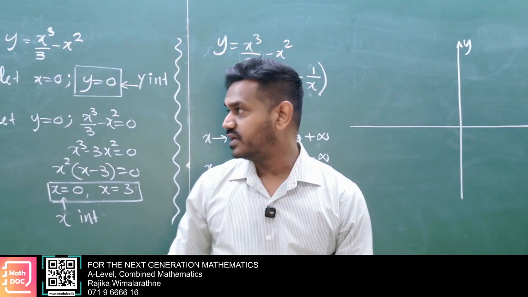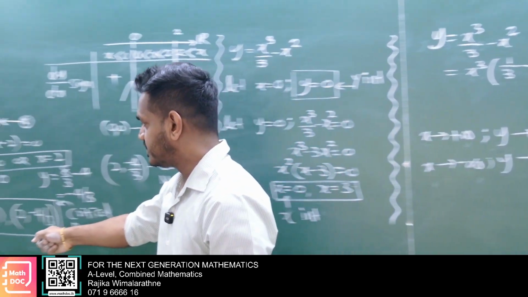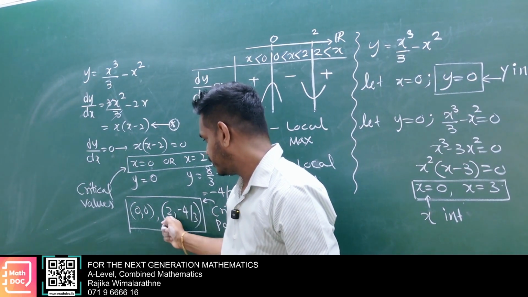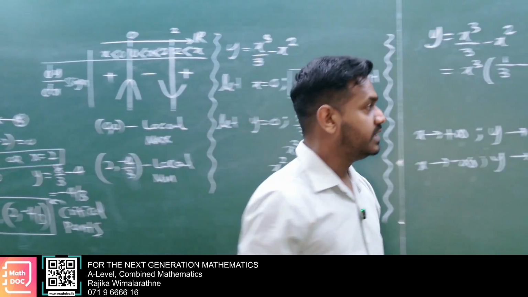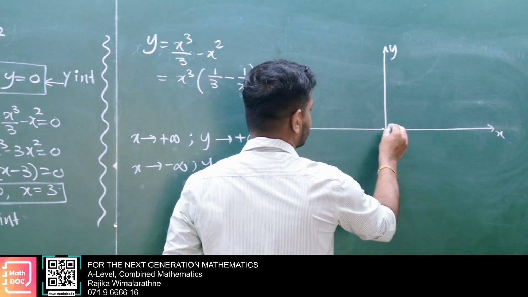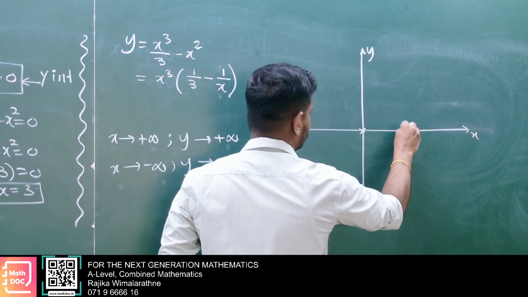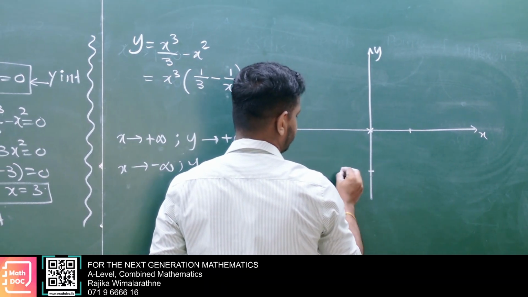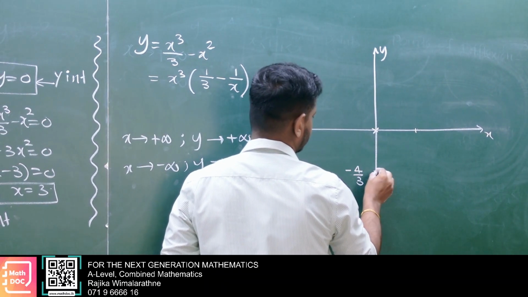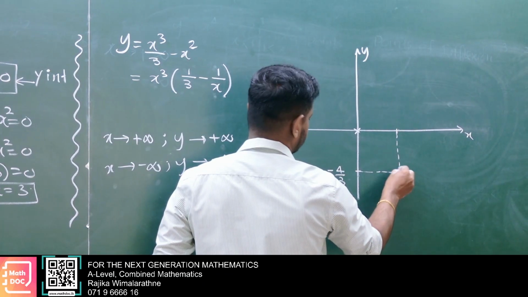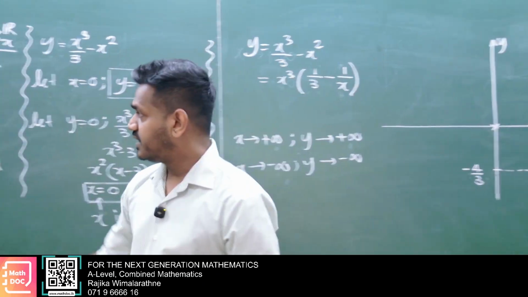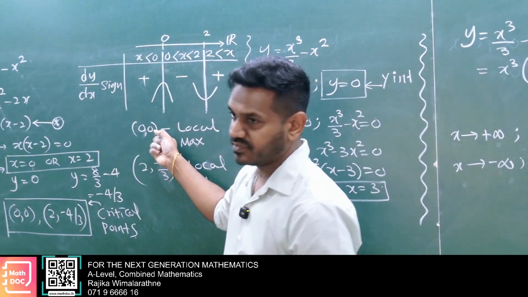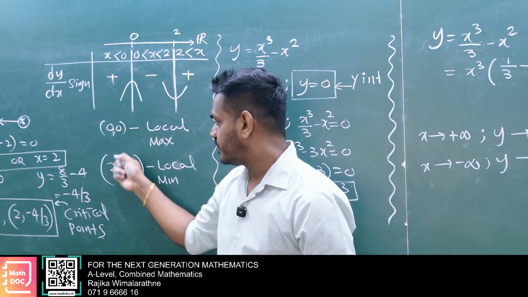First you mark the critical points. Take these 2 points, 0, 0 and 2, minus 4/3. Here 0, 0. Here 2, minus 4/3, somewhere here. First mark them. Those are the points. Then here 0, 0 is the local maximum, and 2, minus 4/3 is the local minimum.